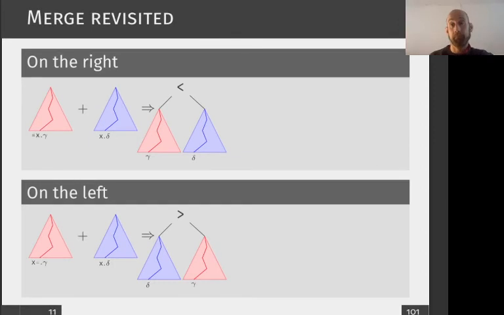Now that we have introduced features, categories, as ways of controlling merge, we can reformulate merge so that it's only allowed to apply when the categories are right. So merge on the right works if the pink guy, the one that's going to project, if its head, which is indicated by following this line from the root down to a leaf, which is what we do when we try to figure out who the head of an expression is. You follow the arrows down until you land at a leaf, and that's the head.